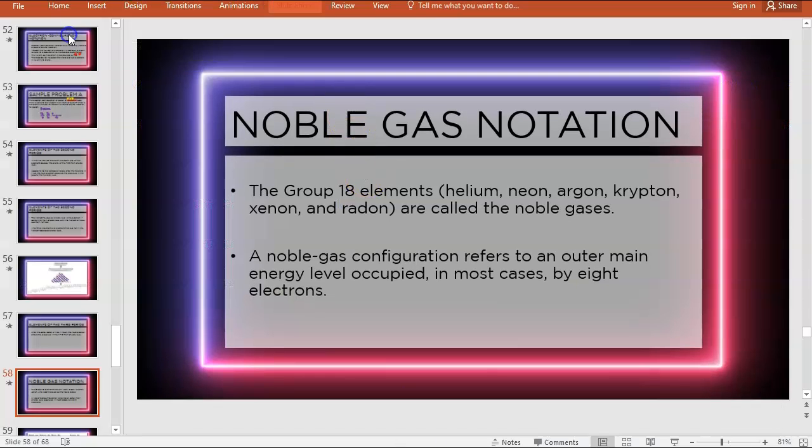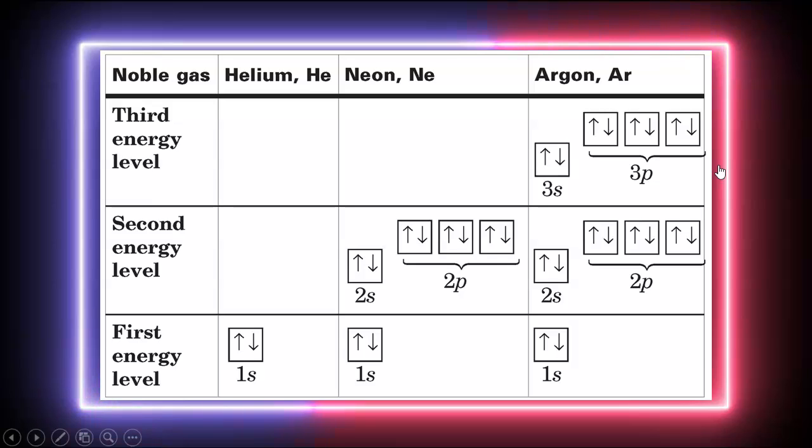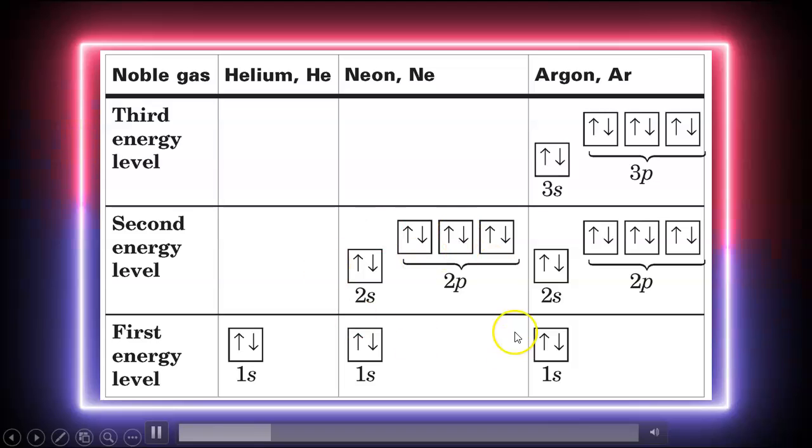Again, just remember those group 18 elements are the noble gases, and the noble gas configuration is going to refer to the outer energy level occupied by those 8 electrons in most cases. So as you can see, we've got helium represented here with 1s, neon filling up the 2s and the 2p, and then argon filling up the 3s, 3p in the third energy level.